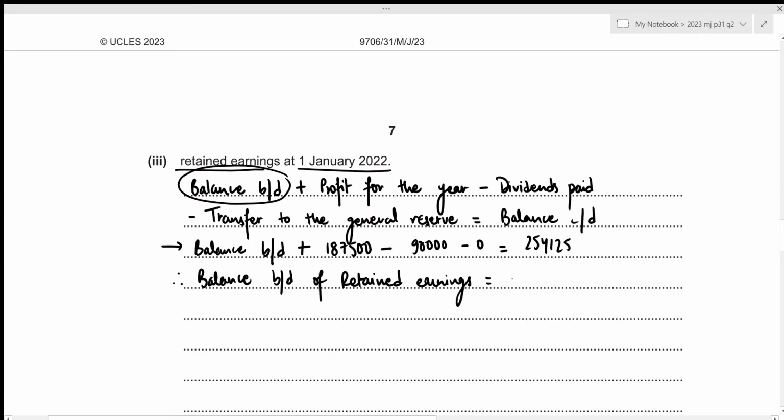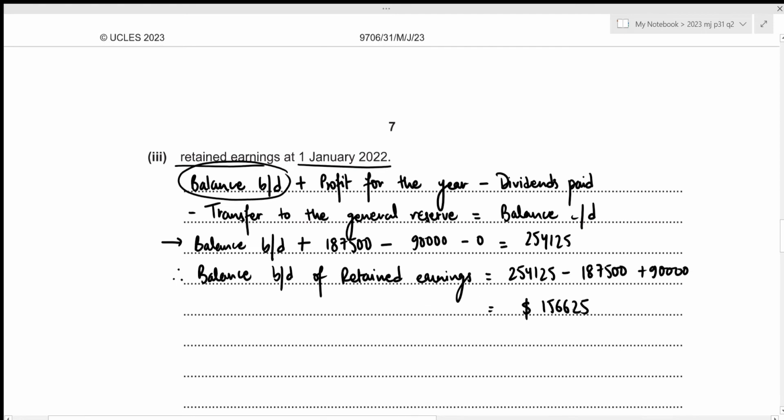This is just going to be 254,125 minus 187,500 plus 90,000. Which results in the value of 156,625. Alright, that's all for the third part.